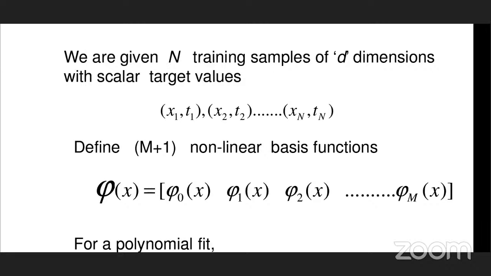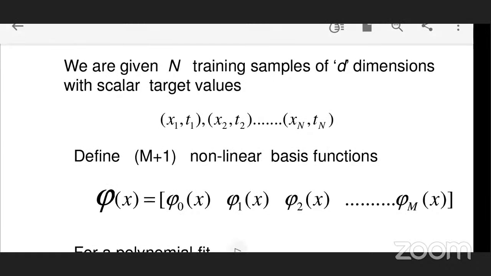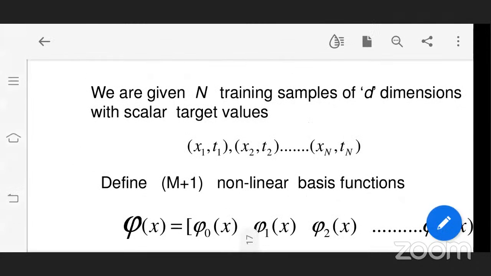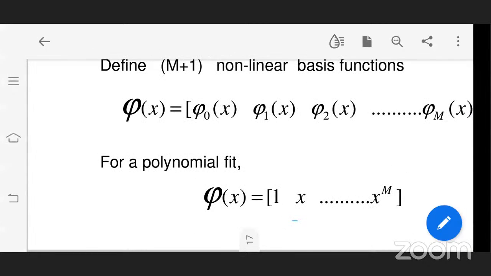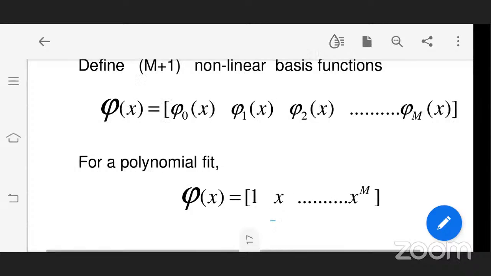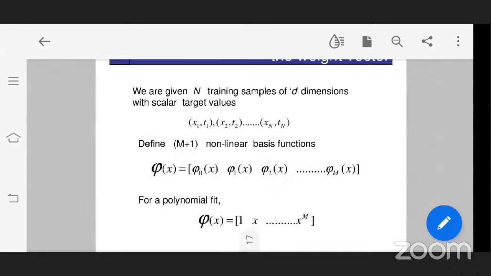If it's an m-order polynomial, it will be 1, x, x squared, x cubed, and so on. Is everybody clear? So they're all non-linear. That means for a polynomial fit, phi of x is 1, x, up to x to the power of m. All right, now let me move on to the next one.